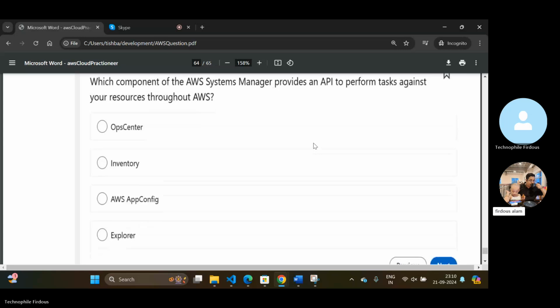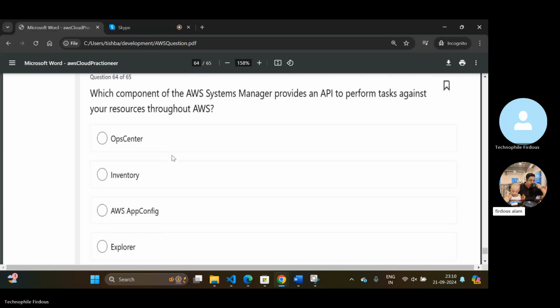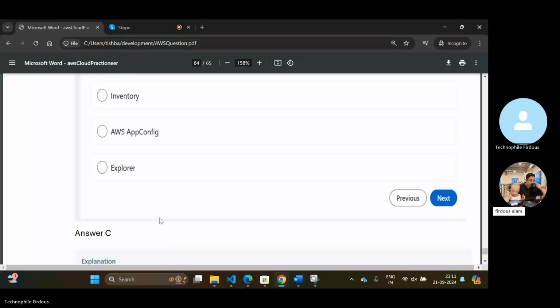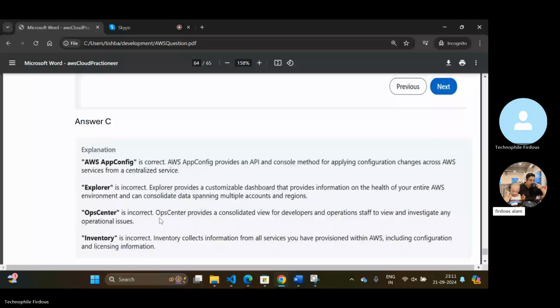App Center, no. Inventory, the word suggests it cannot be. I think it should be AppConfig. Let's see. Yeah, the correct answer is AppConfig. AppConfig provides an API and console both to apply the configurations.